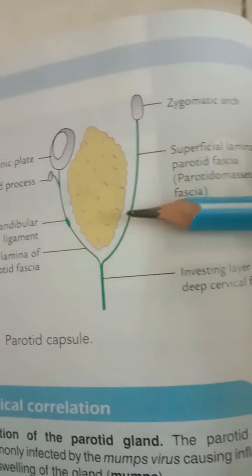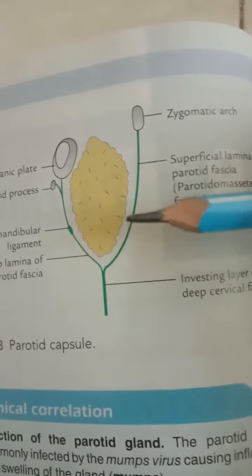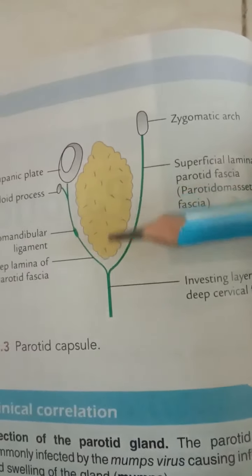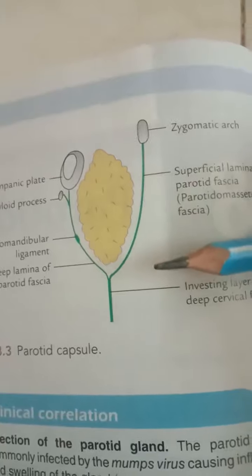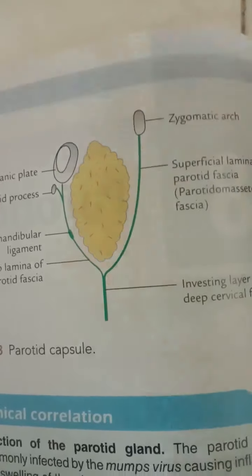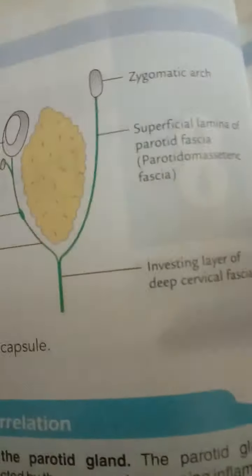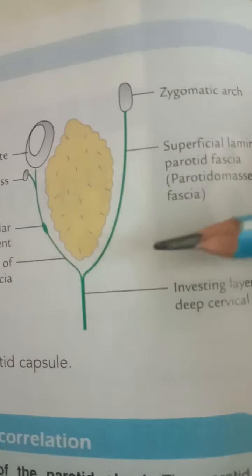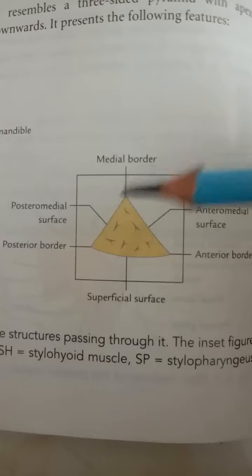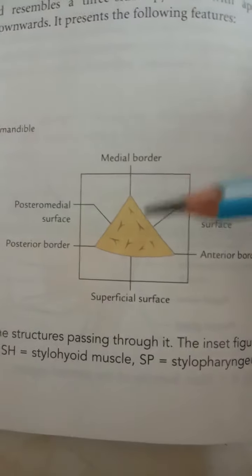The superficial lamina is thick, strong and adherent to the gland, while the deep lamina is very thin. The superficial lamina is attached to the gland, and the deep lamina is attached to the styloid process.